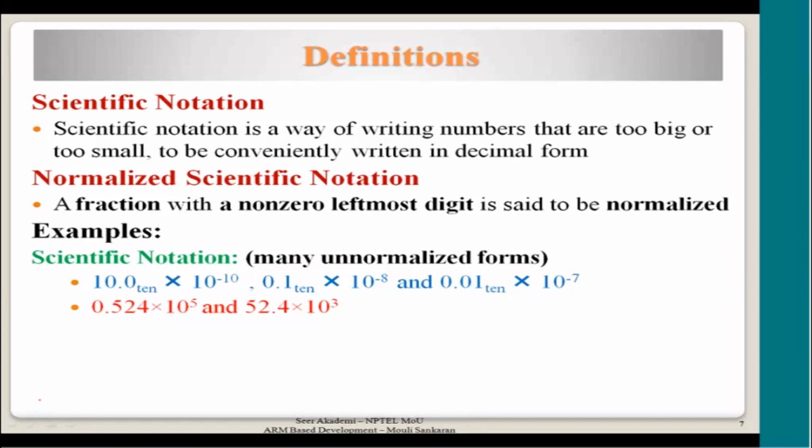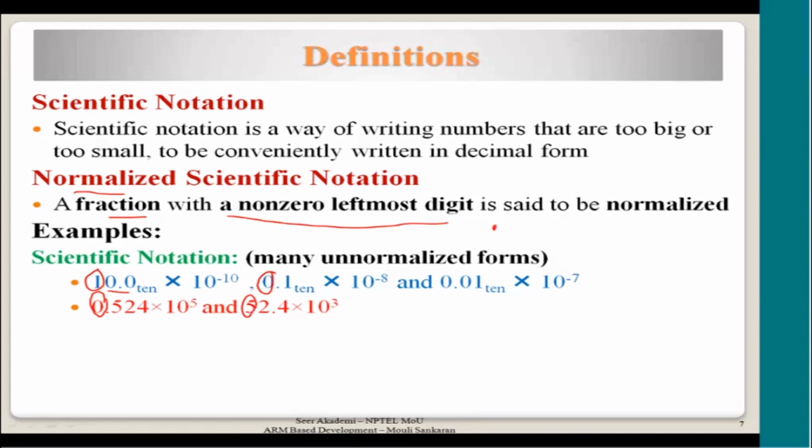Now what is normalized? Let us read this again. A fraction, a fractional number, not an integer, with a non-zero leftmost digit, to the left of the decimal point. So in any notation I have a non-zero leftmost digit.